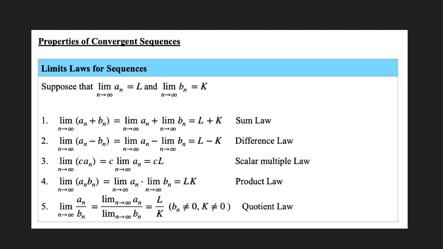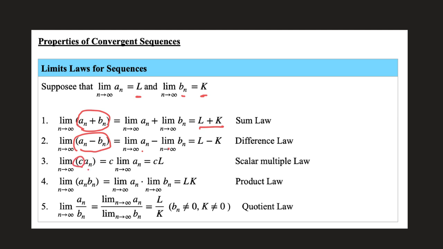Before I introduce many different ways to find the limit of a sequence, let's briefly introduce the properties of convergent sequences. Here, you say an has a limit, bn has a limit. Then for the sum of sequences, you find each limit and add together. For the difference, you find each limit and subtract.